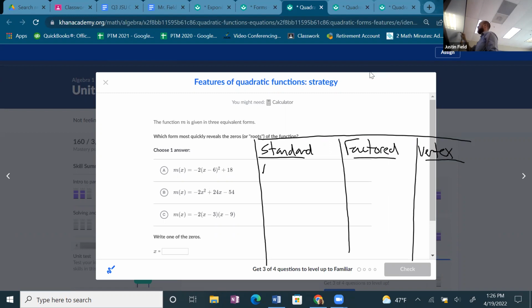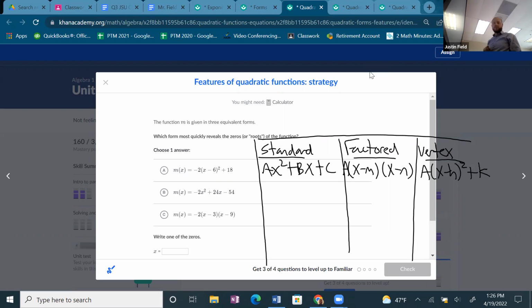What is standard? ax squared plus bx plus c. Factored is a(x minus m)(x minus n), and vertex is a(x minus h) squared plus k. Make sure Mr. Field doesn't forget the squared in vertex form on the quiz.